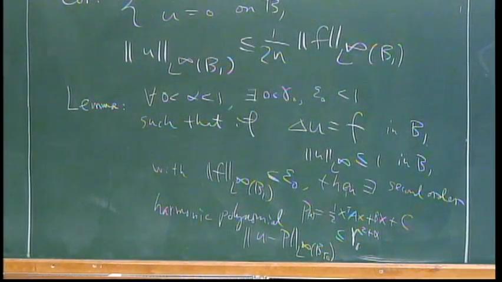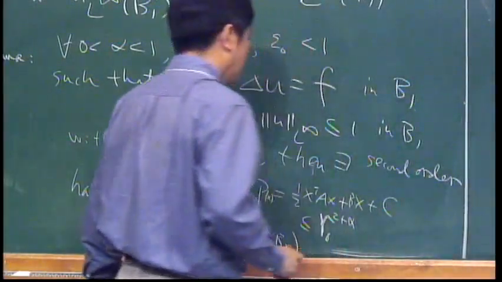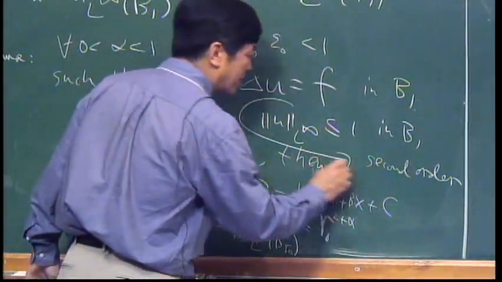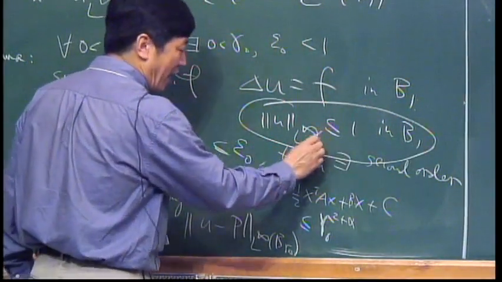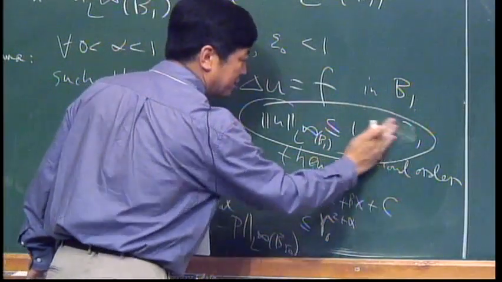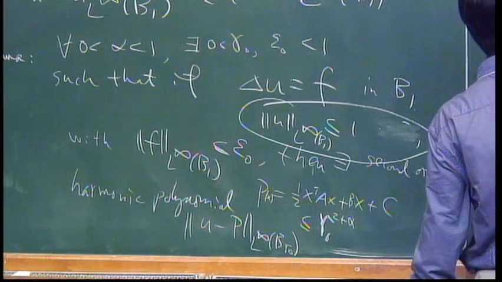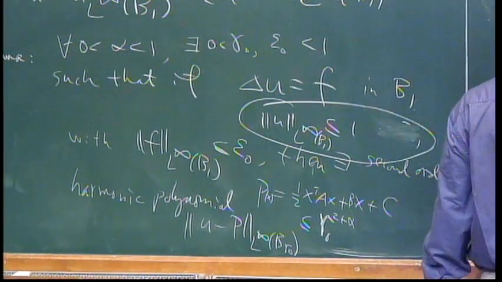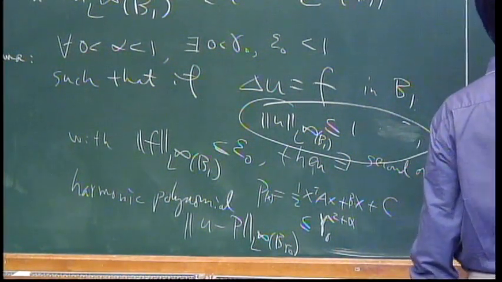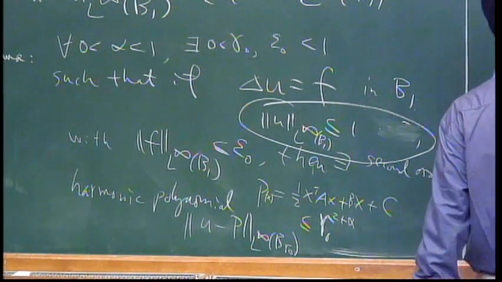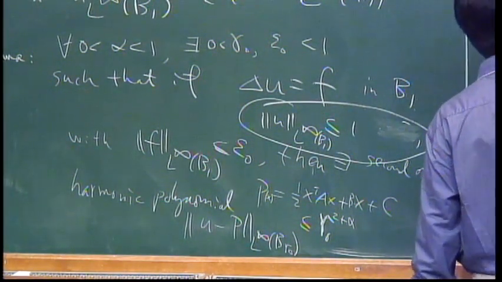Let me first explain the geometry. What does that mean? A couple of pictures. Let me again draw this u. This is my x. All the u's are less than or equal to 1, basically like a black box.